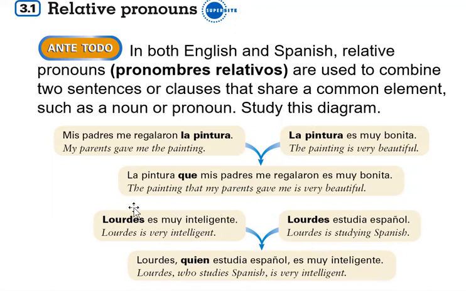Lourdes is what they both had in common. That's how they relate to one another, and we linked it with the word quien. Again, no accent mark there. And now we've got a more complex sentence.